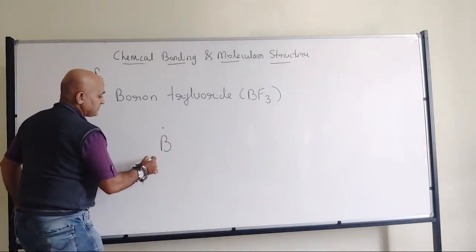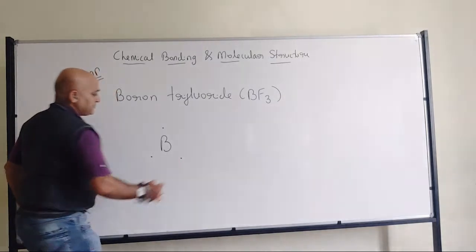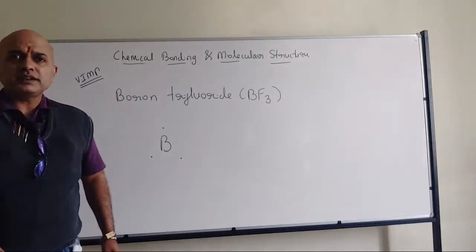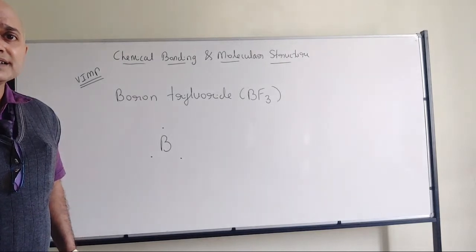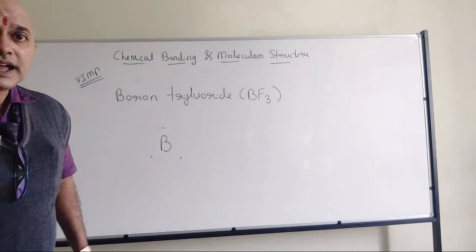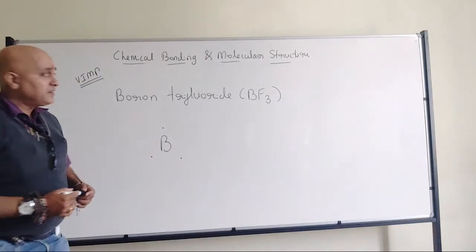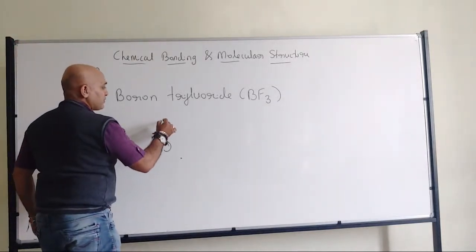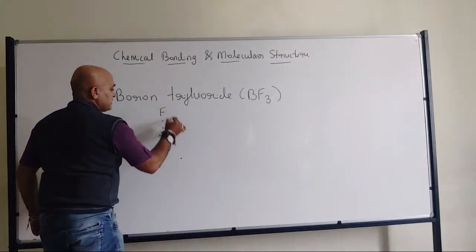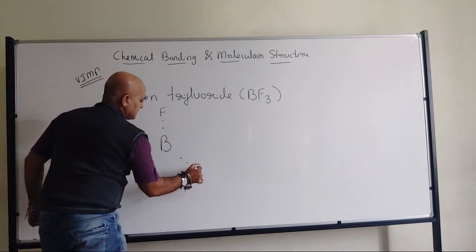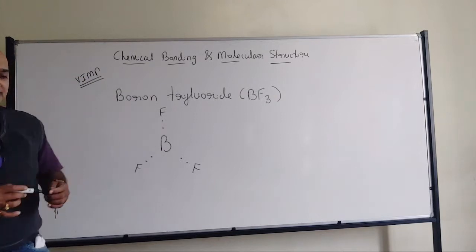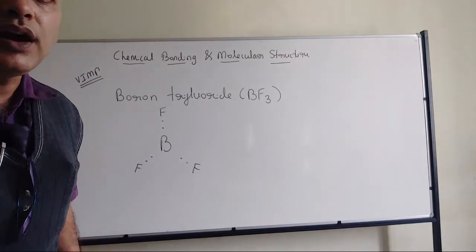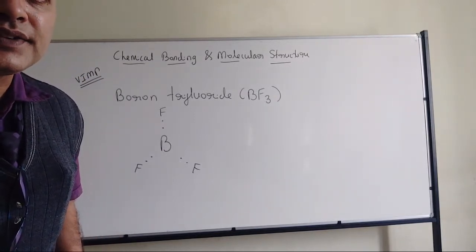So 1, 2, 3, as far as possible, the Lewis symbol. When I am talking about trifluoride, that means 3 fluorines are present here. That's where we have the boron trifluoride.